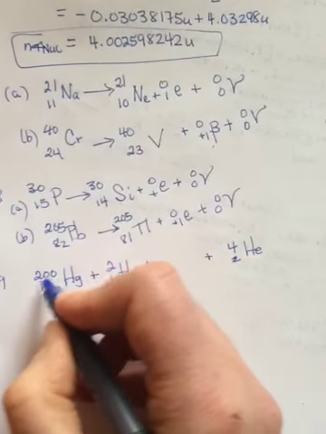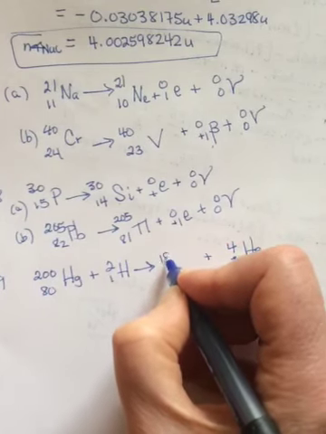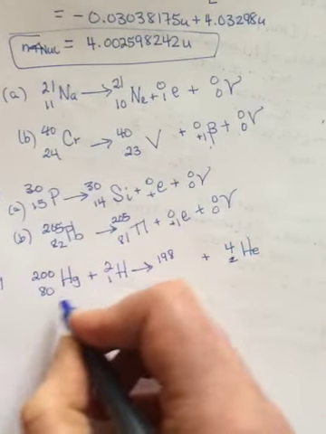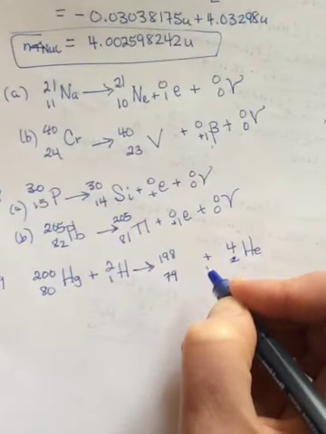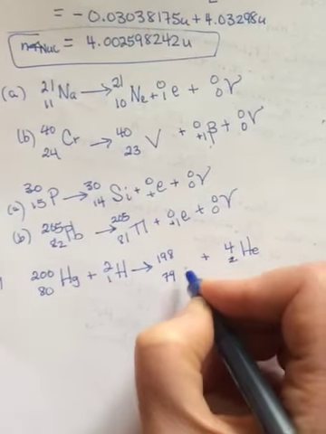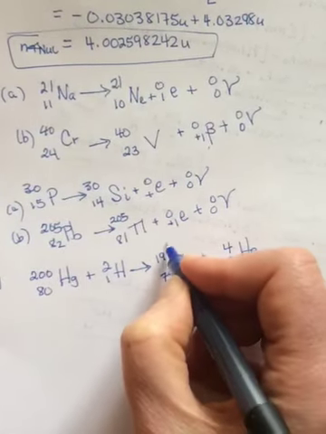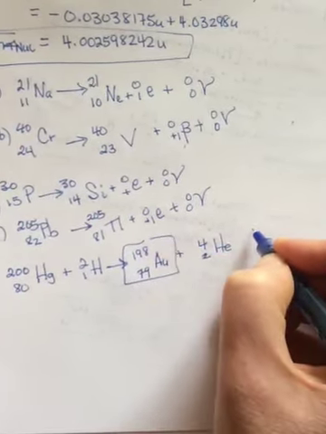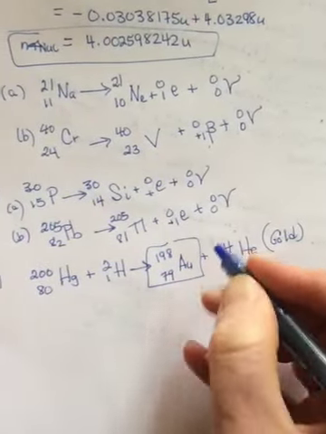So on the top over here it's 202, so on the top over here has to be 202, so this must be 198. 81, so this has to be 79. Go to your periodic table and look up 79 and discover, hey, you just created gold. So the first part of the question asks what element was created, gold.